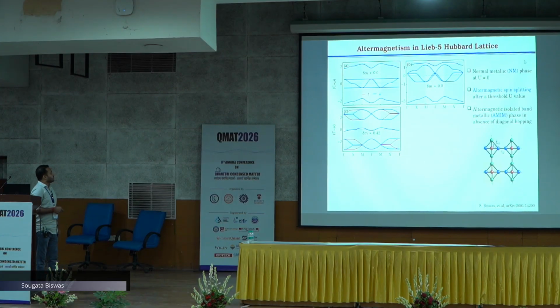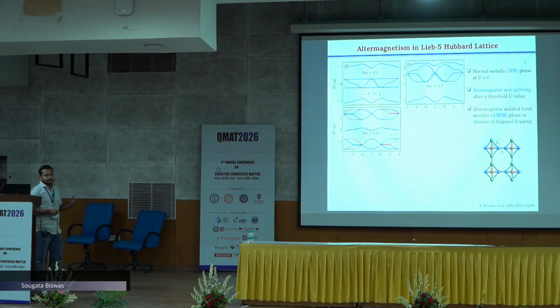There is another thing: these two bands are separated from each other, whereas a pair of bands always stays at the Fermi level. So we term this the altermagnetic isolated band metallic phase, in the absence of diagonal hopping, when Td is equal to 0. Now, what happens if we introduce the diagonal hopping in the lattice model?